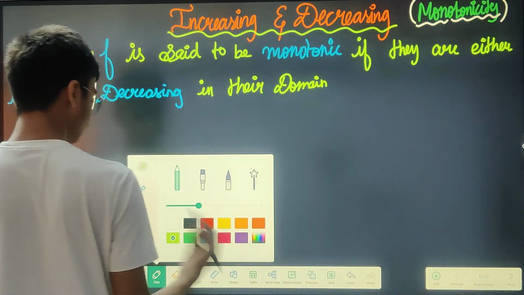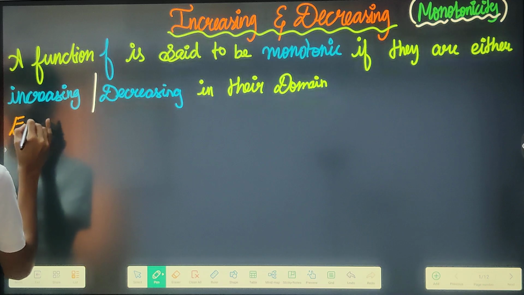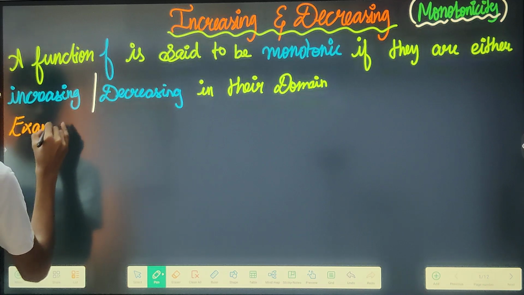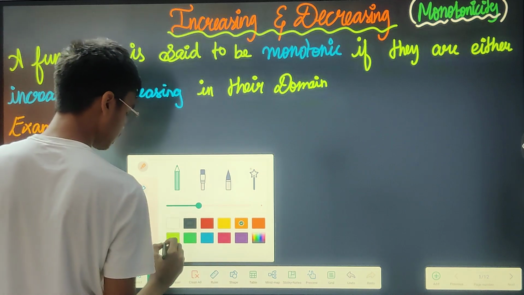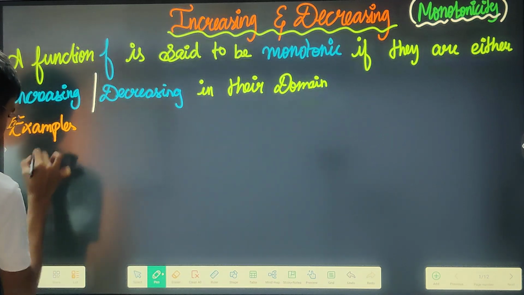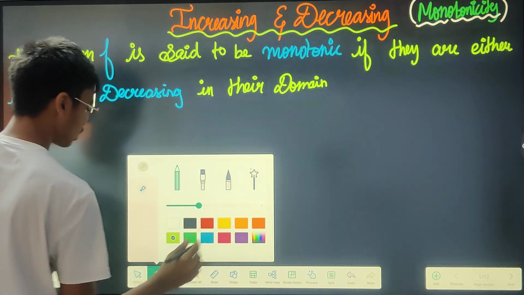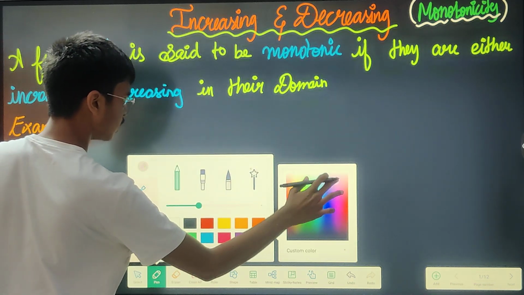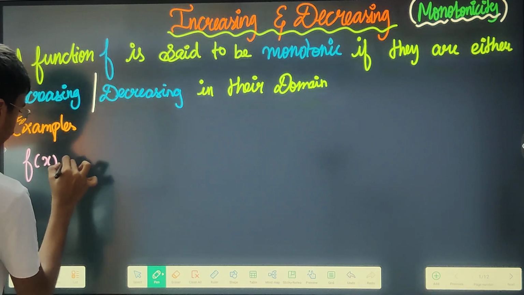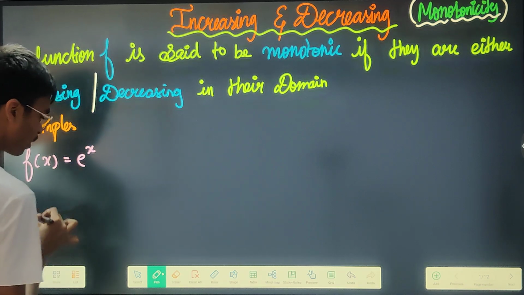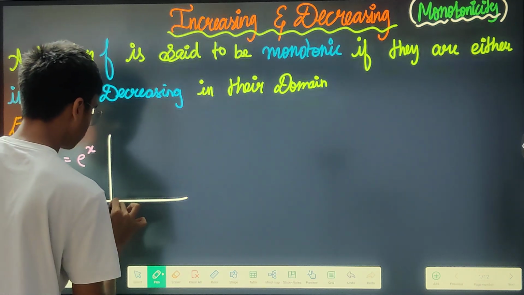We shall also take a few examples. The first example shall be f of x is equal to e to the power of x, and we all know the graph, which we have already discussed in relations and functions.